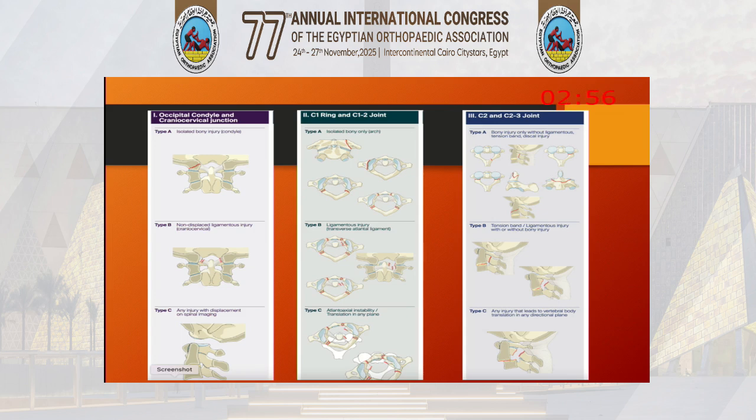Here we notice all the classifications, the Jefferson classification for Jefferson fracture, the Fielding classification, or the Anderson and D'Alonzo classification of the odontoid fracture. I think they included it in the AO classification, but I think it is not fulfilled in that classification.